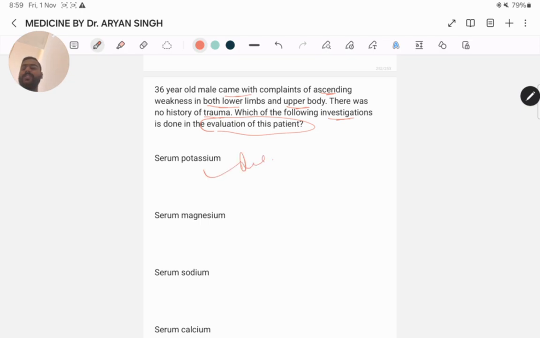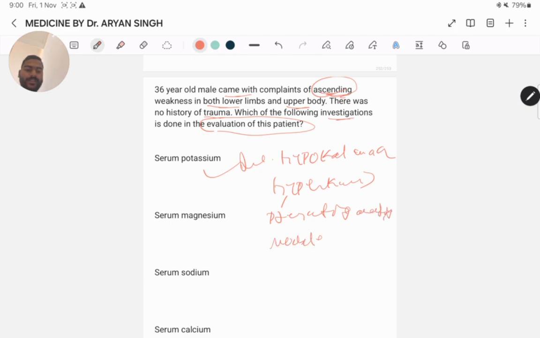Serum potassium is the best, because the clinical scenario describes ascending paralysis. Disturbance in serum potassium levels, hypokalemia or hyperkalemia, can present with ascending muscle weakness. So this one is the answer.